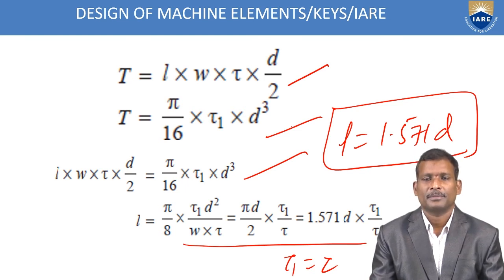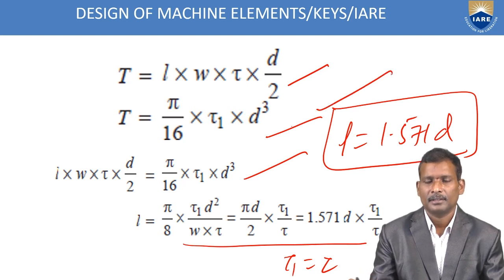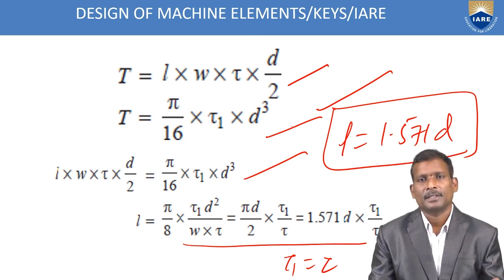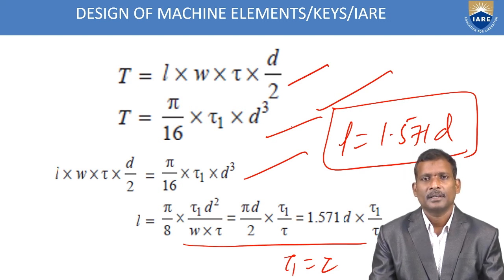If you know the diameter of the shaft, you can use this empirical relation for calculating the length of the key. Otherwise, you can calculate when it is subjected to shear and crushing, equate these two equations and find the length of the key.